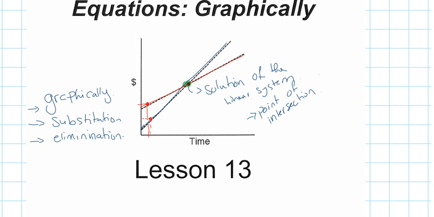The only point that has the same X and Y value for both lines is where? The point of intersection, where you have your solution. So that solution is going to have the same X and Y value for both lines. Anytime they give you two equations of two lines and ask you to solve, that means you're looking for that point of intersection.